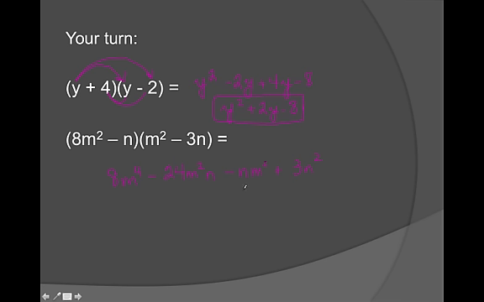Technically I should have rewritten this as m squared n because that has the higher power. So my point being that these are like terms and can be combined. So my final answer would be 8m to the fourth minus 25 m squared n plus 3n squared.